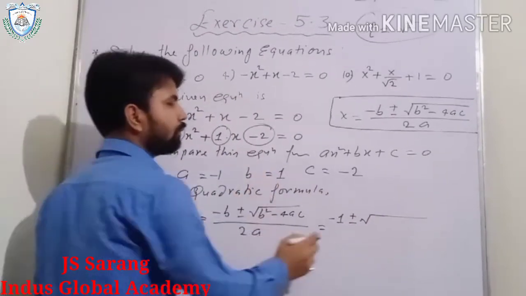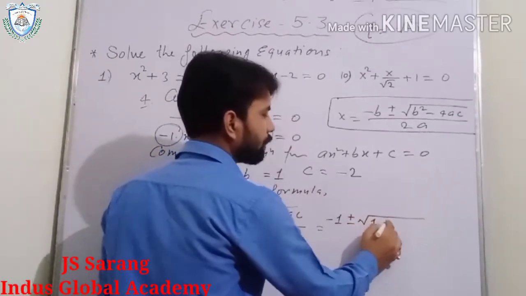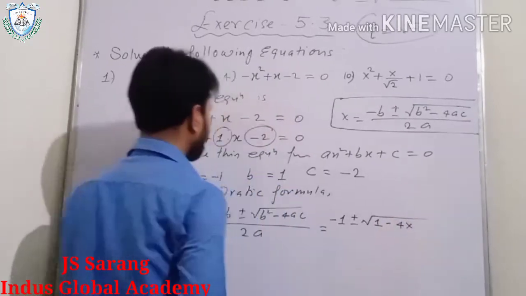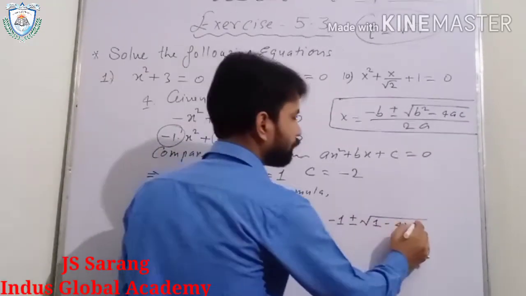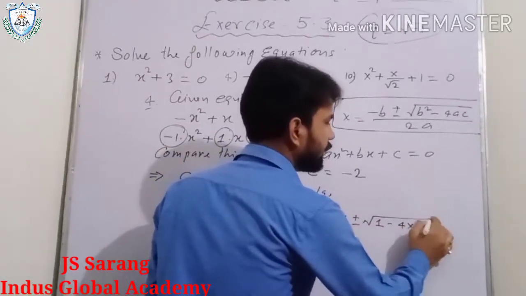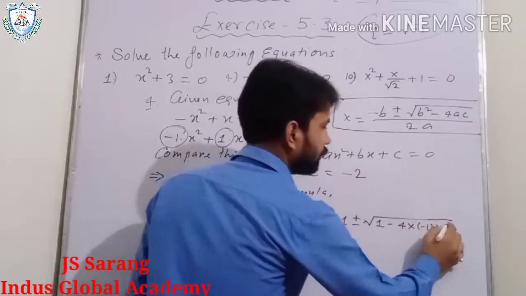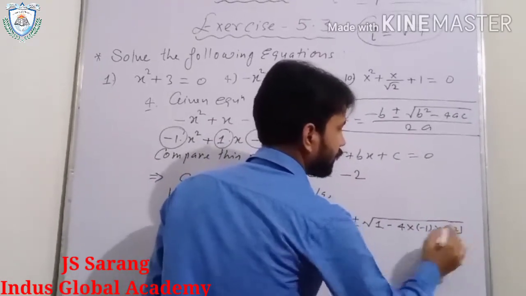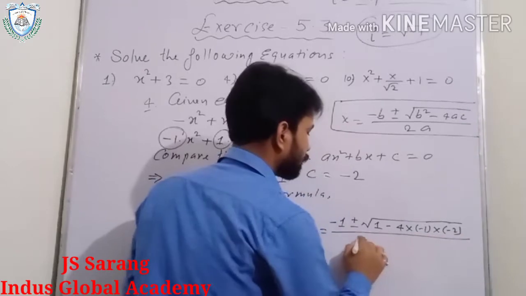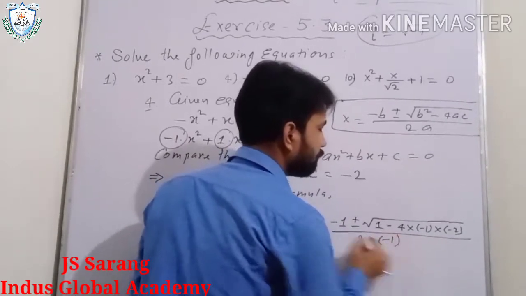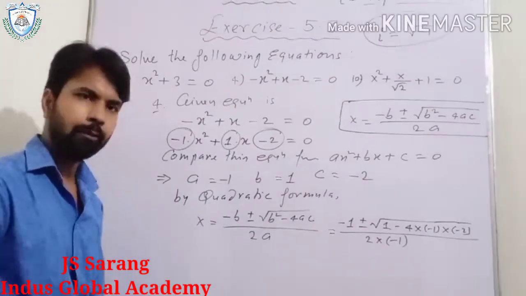B is 1. So 1 square is 1 minus 4 into a. A is minus 1 into c. C is minus 2 upon 2a. So 2 into a is minus 1. Clear?